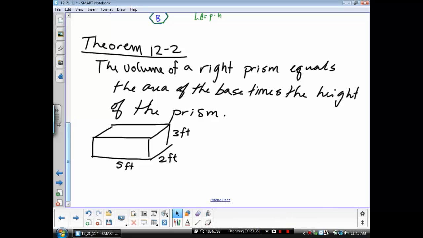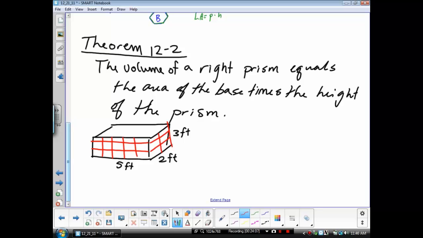The fact that this is 5 feet means that we can actually have 5 vertical strips 1 foot wide. The fact that this is 2 feet means we could actually have 2 vertical strips 1 foot wide. And then this being 3 feet means we could actually have 3 horizontal strips 1 foot wide.